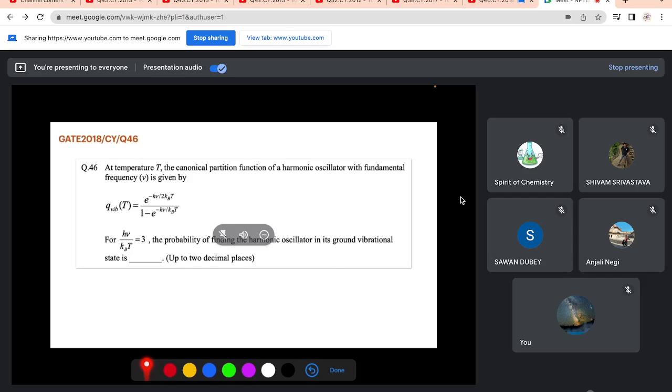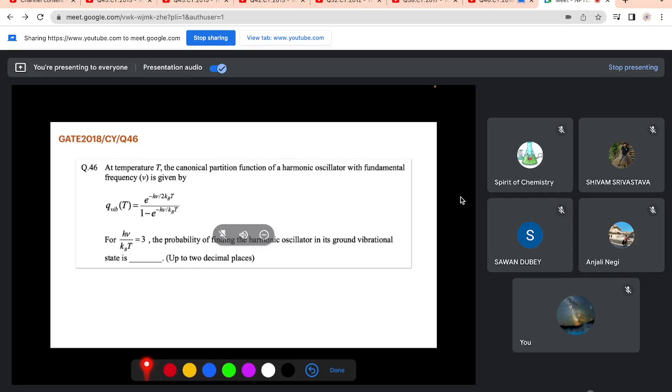So this goes from 0, 1, 2, etc. So for E0, it will be 1 by 2 h cut nu, right?